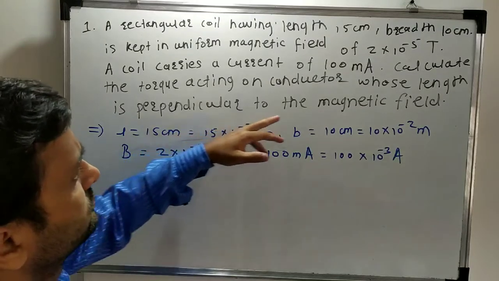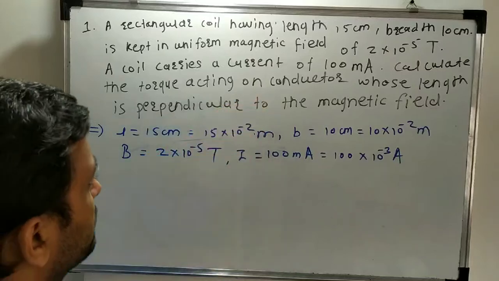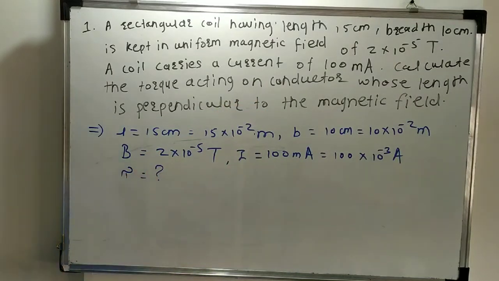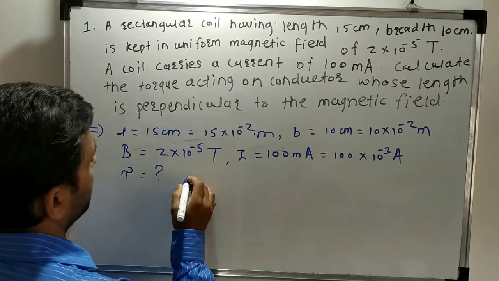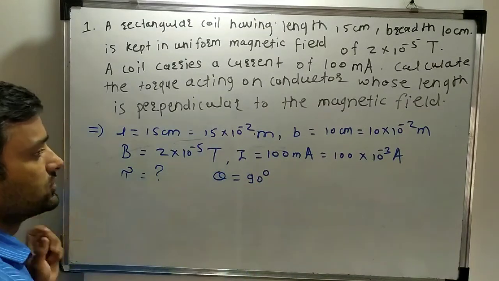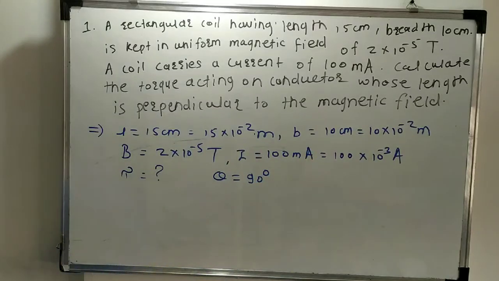Then what is to be determined? We have to calculate the torque where the angle theta is 90 degree. So the angle is already given. The length is given, the breadth is given, so you can determine the value of the area.